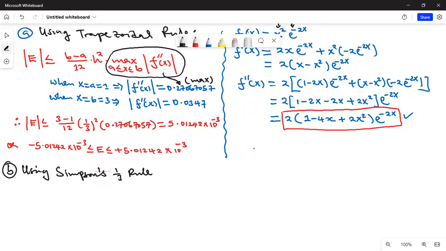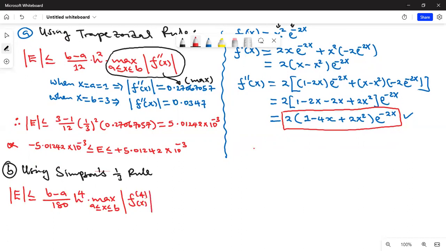So this is how you need to get the error bound in this case, that the absolute error should be a number less or equal to b minus a over 180 h raised to 4 times the maximum, for a less or equal to x less or equal to b, of the absolute value of the fourth derivative of f of x.